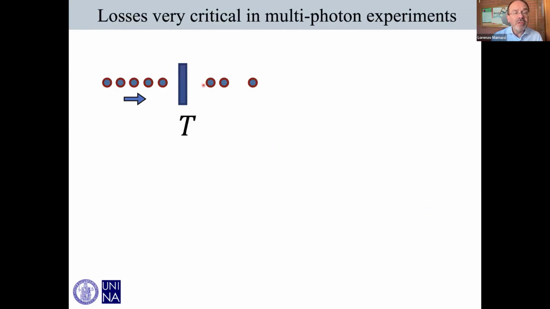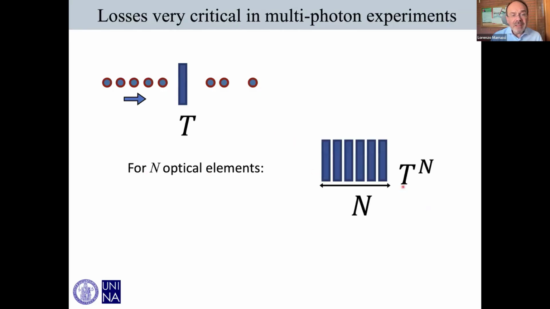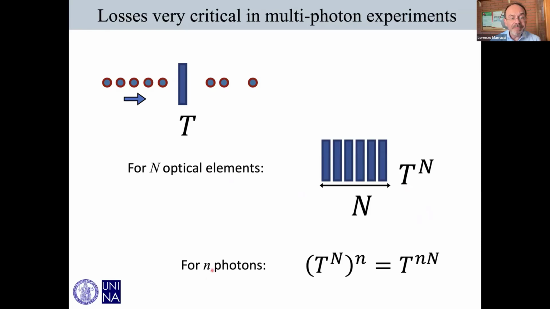So if you have a train of photons, only some of them will pass. And if you have n optical elements, this transmission probability t is also raised to the n, where n is the number of optical elements. And if you send through this system many photons, say small n photons, then the probability of having all n photons passing through scales as t to the n, raised to the nth power, also raised to the small n power.